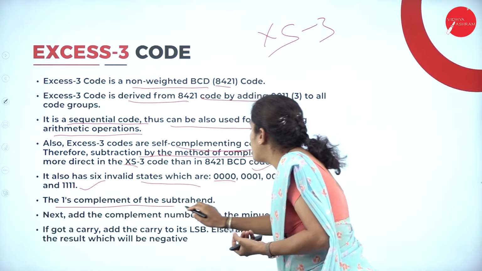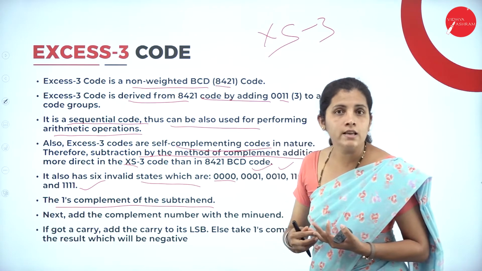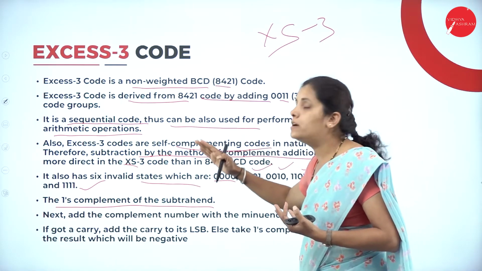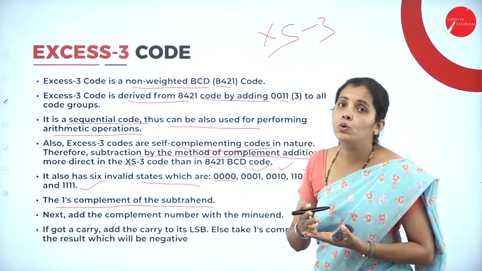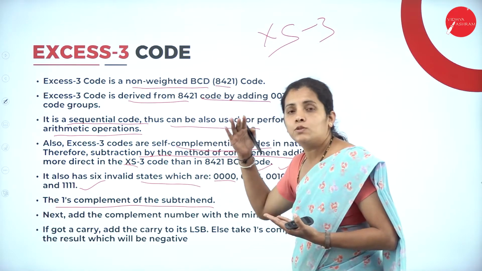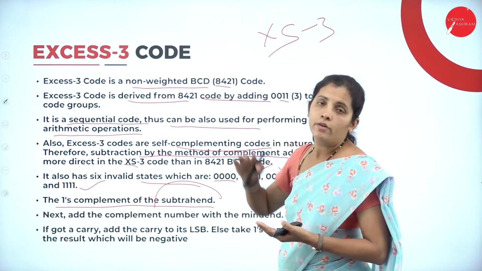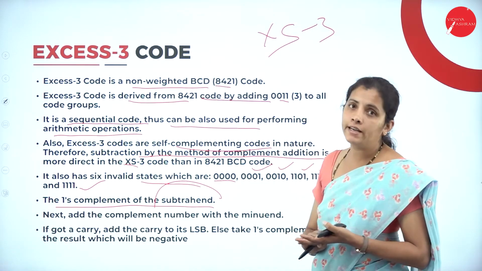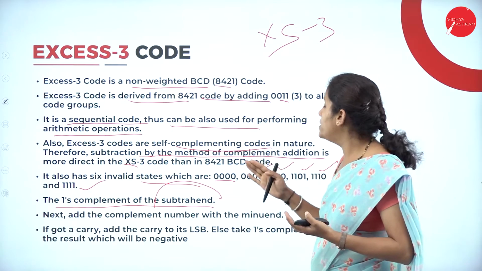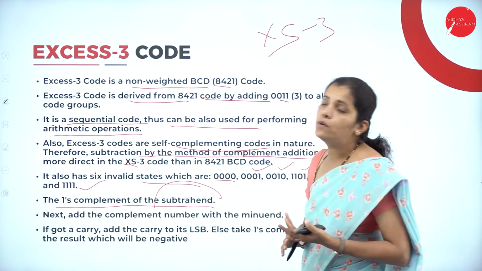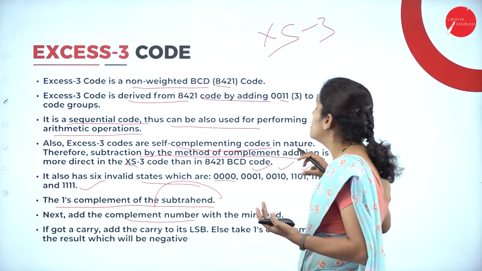The complement of the subtrahend. That means you want to take the complement of the subtrahend, that is the one's complement of the subtrahend. So first we want to take the ones complement of the subtrahend, then we want to add the ones complement number with the minuend.